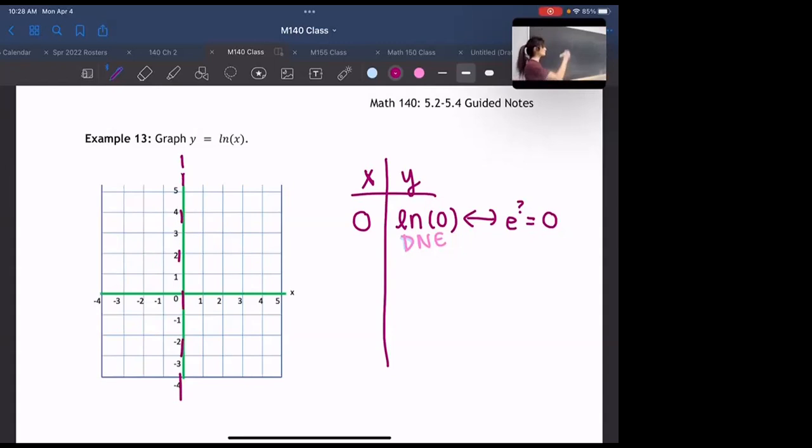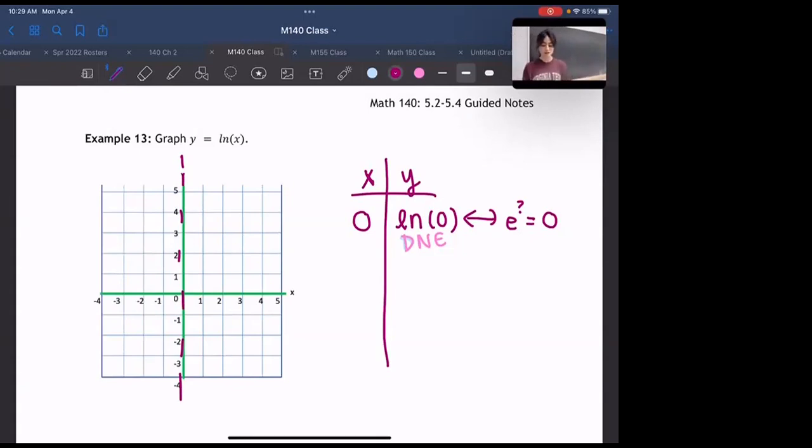So there's nothing that can be on that vertical dotted line. Just like how the exponential function has a horizontal asymptote at y equals 0, oh, sorry, I said y equals x, I meant the x-axis. Logarithmic functions have an asymptote at the y-axis. Okay. Any questions so far?